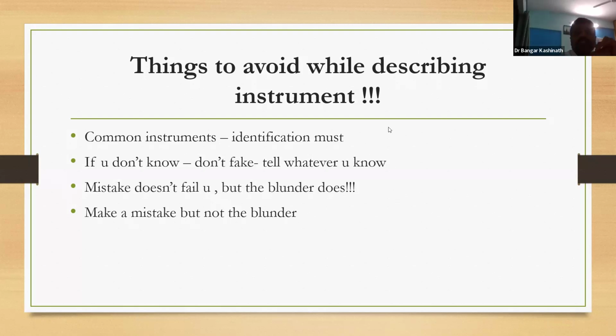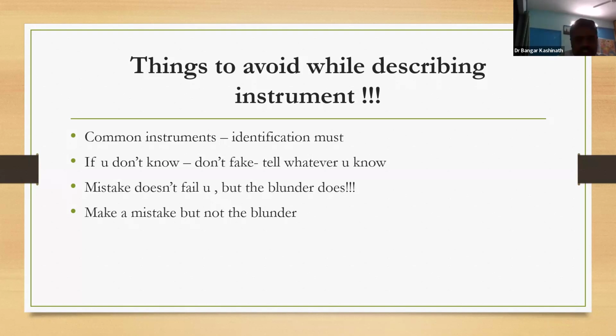Now, what are the things which you should be avoiding while describing the instrument? Very important thing is, for common instruments or most of the instruments, identification is a must. Now, there is a possibility that you might not know a few things about a few instruments. Please don't fake anything. You can tell whatever you know.